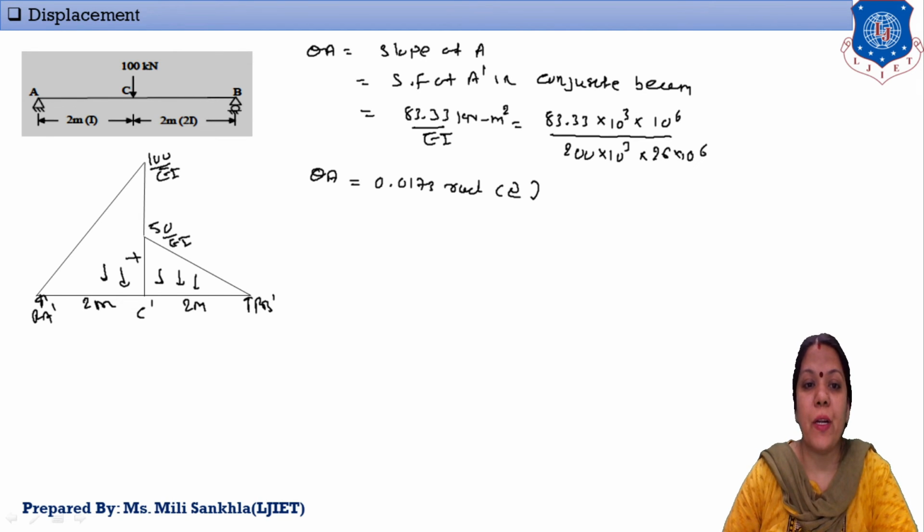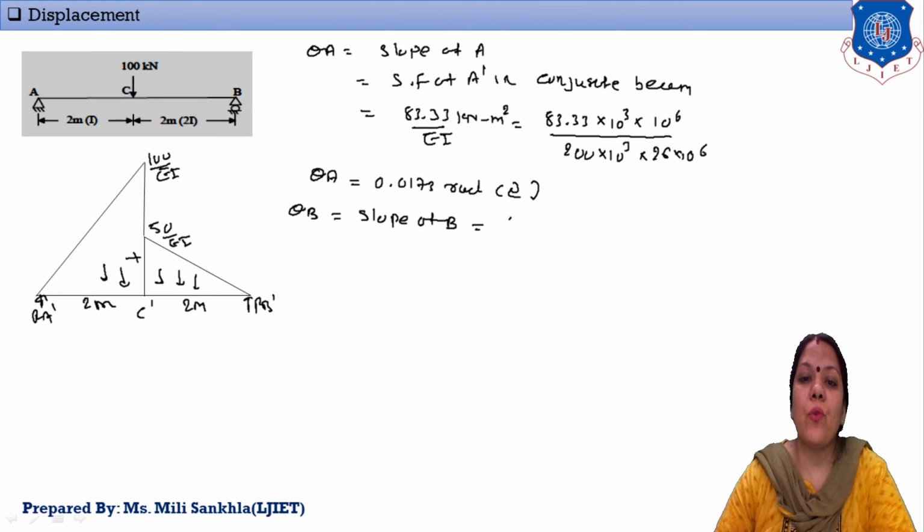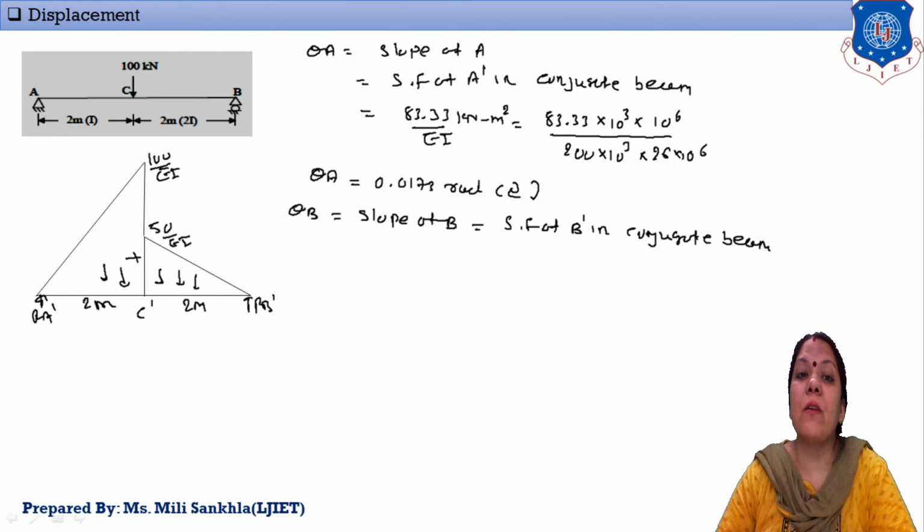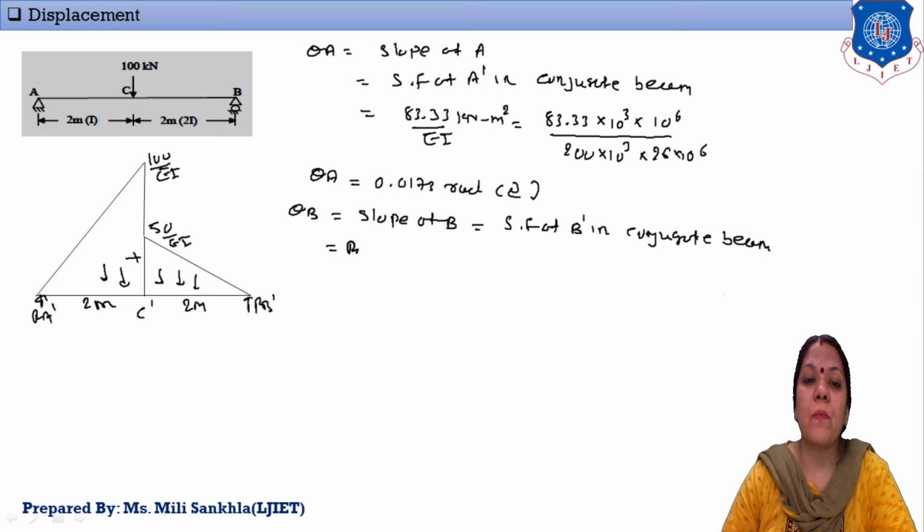Now second, we find out theta B. Theta B is equal to slope at B, which is equal to SF at B dash in the conjugate beam, and this SF is equal to our RB dash.